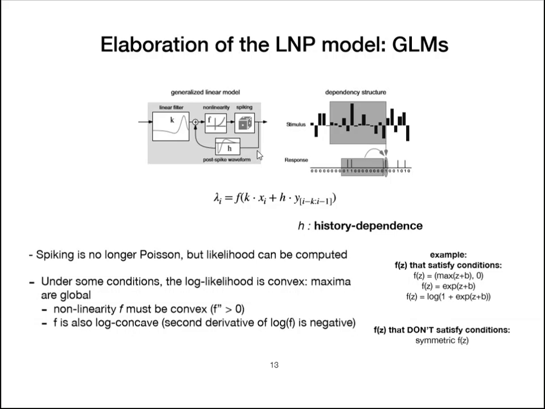Right after spiking, there's a refractory period where spiking does not occur. So in the generalized linear model, we have the post-spike waveform fed back in between the linear filter and nonlinearity to take account of that dependency.